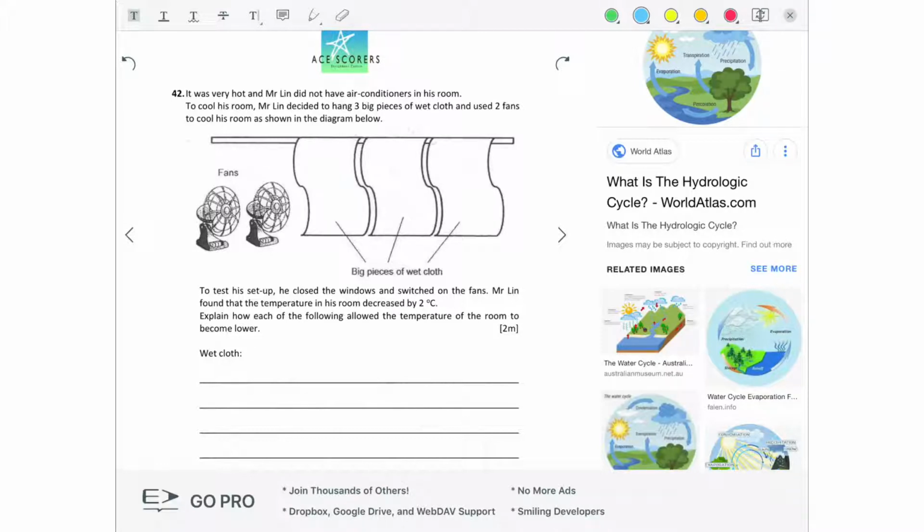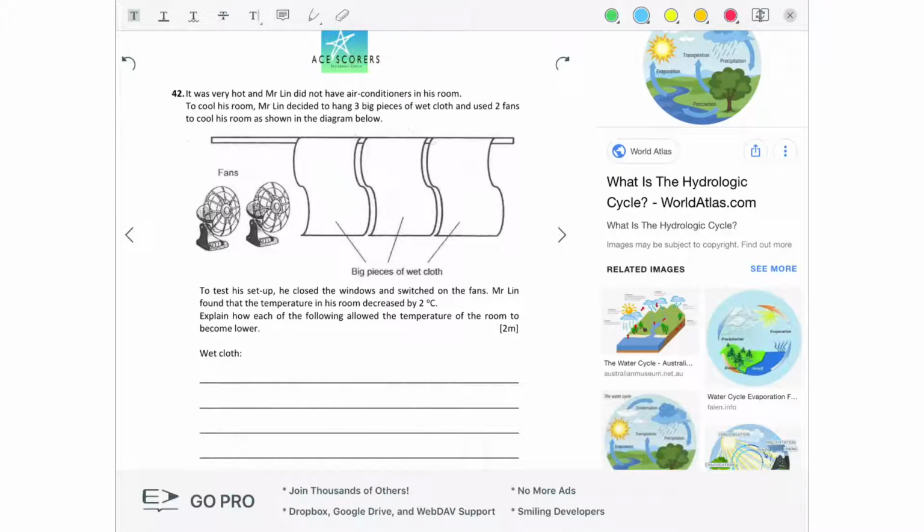The temperature decreased. So this is a very interesting setup. He doesn't have aircon, but he used wet cloth and fan to cool the room. But how come putting cloth and fan can cool the room?